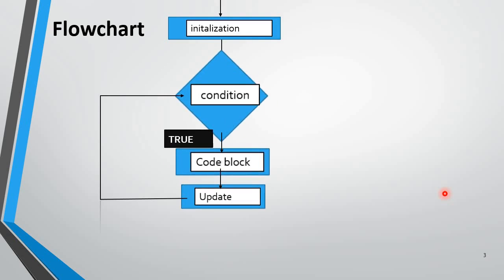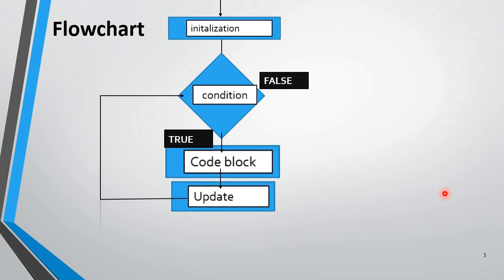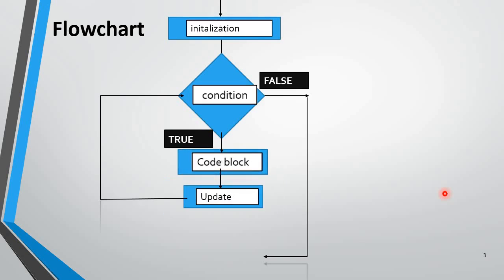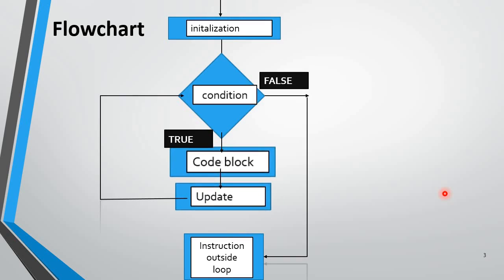After that, the updation takes place. Again, the condition is evaluated. This process continues until the condition results into false. Once it is false, the control moves out of the loop where the next instruction outside the loop will be executed. Now you might have understood where these looping constructs are used.